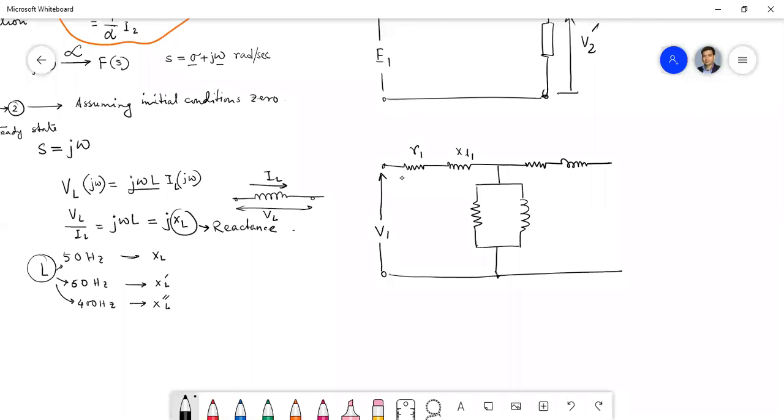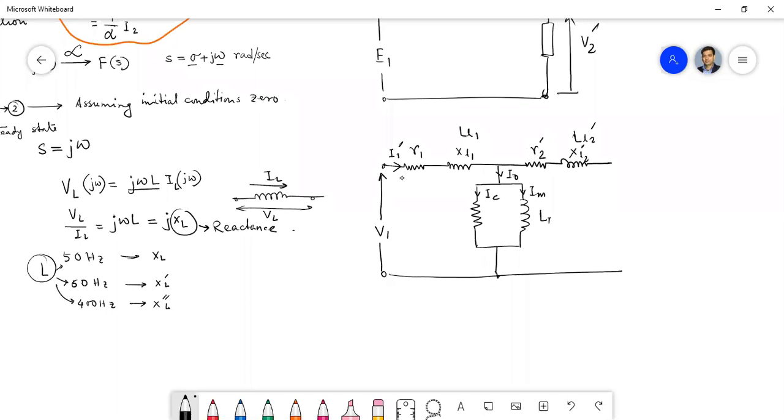This was the original primary parameters. This was I1 prime. This was I naught. This is IC. This is the magnetizing current. So we can also write LL1, LL2, or you can write XL2.